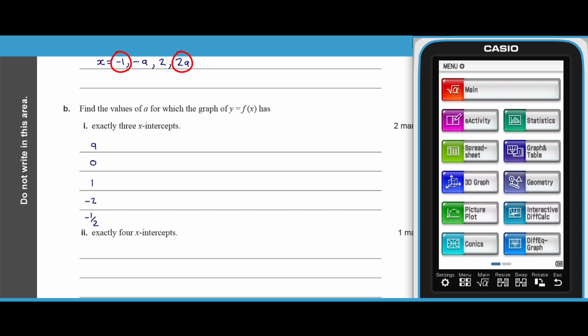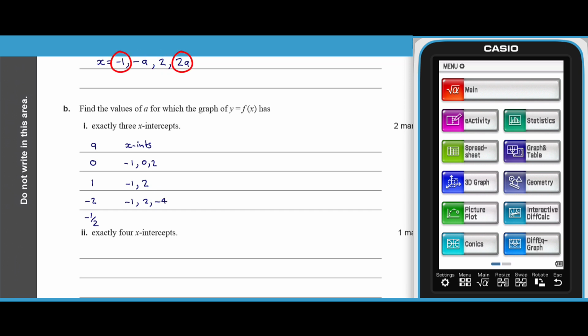When a equals 0, the 4 solutions in Part A reduce to 3, with x-intercepts at -1, 0 and 2. Similarly, if a equals 1, the x-intercepts reduce to -1 and 2. If a equals -2, the x-intercepts are -1, 2 and -4.